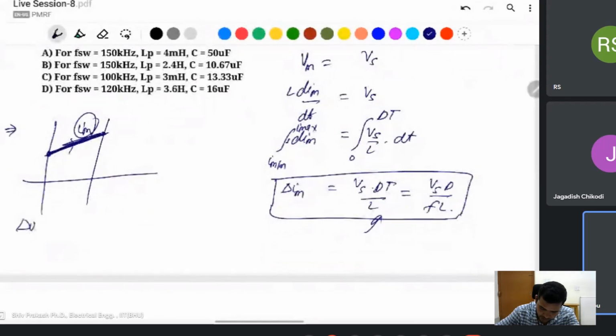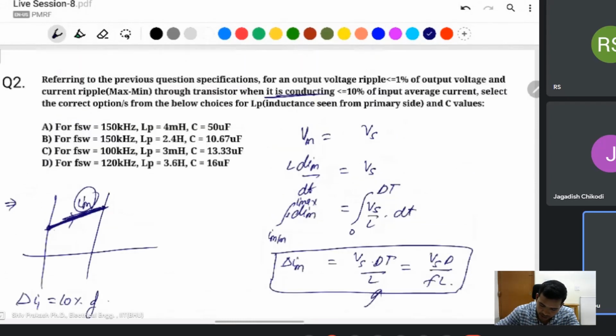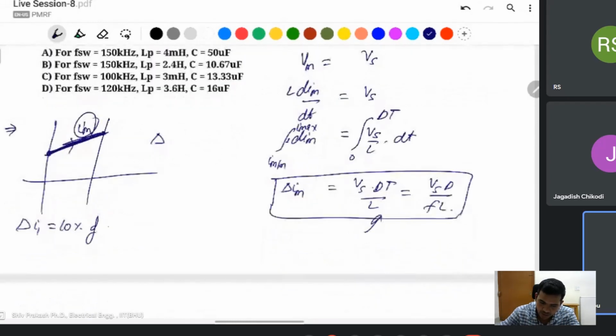Given delta I1 is equal to 10% of I1. I1 means the same as delta Im. Delta Im is 10% of the primary current, which is I1.